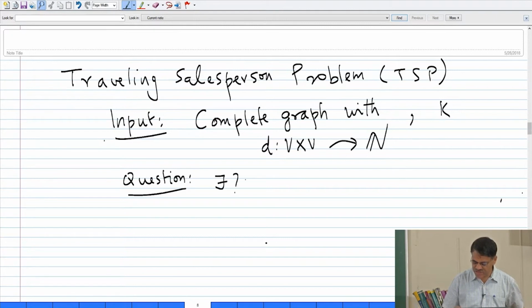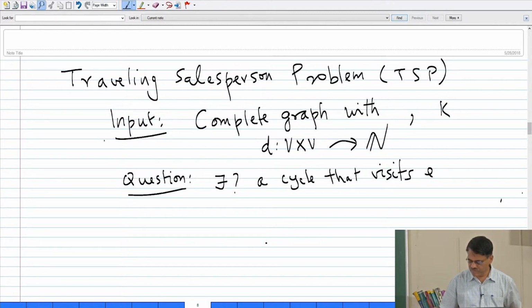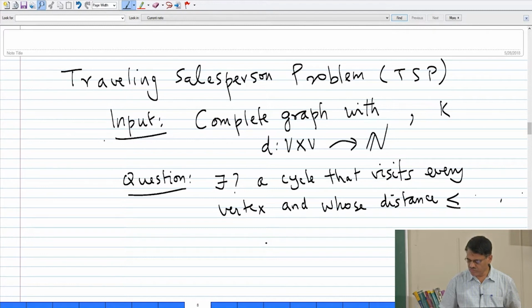Does there exist a cycle that visits every vertex and whose cost or total distance is at most k?